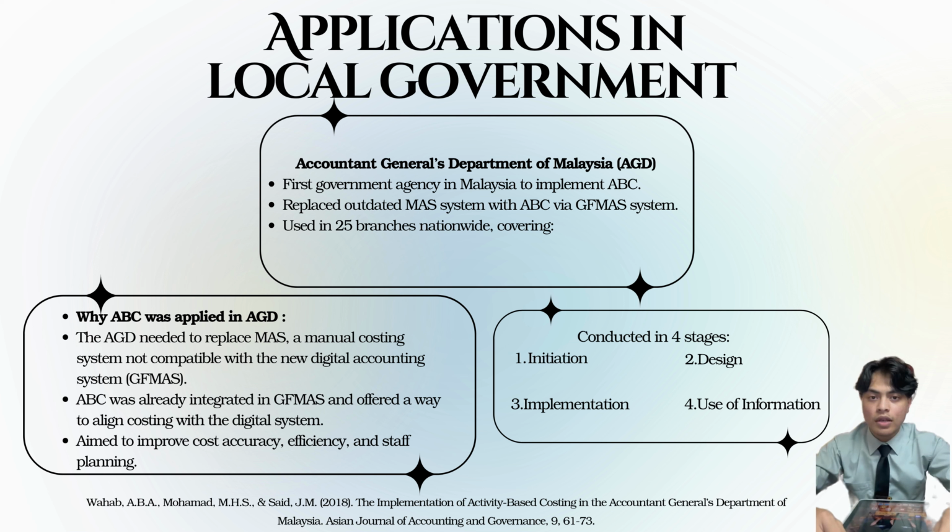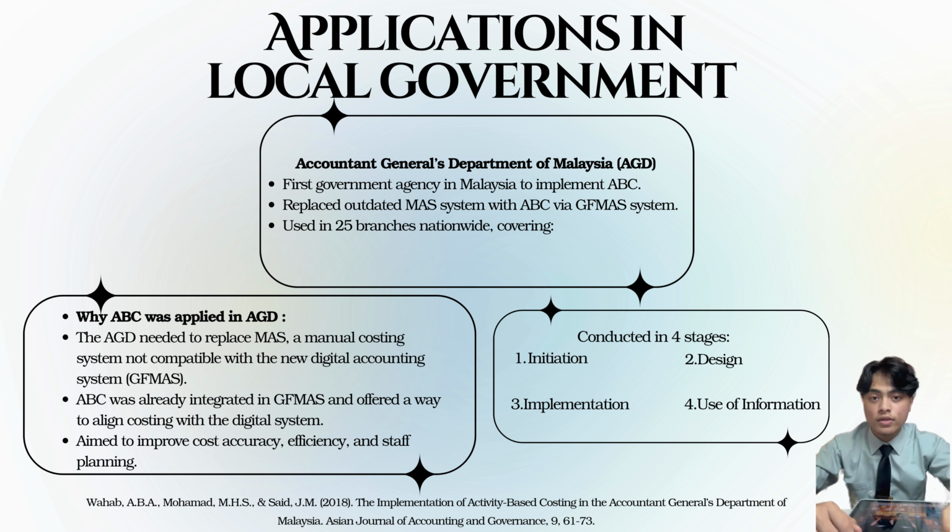Traditional systems like MAS in the AGD were manual and inefficient. When Malaysia introduced the Government Financial Management Accounting System, GFMAS, the AGD decided to replace MAS with ABC, which was built into the new digital system.